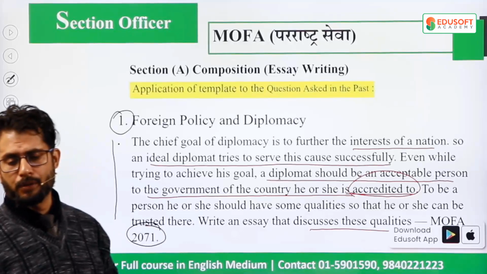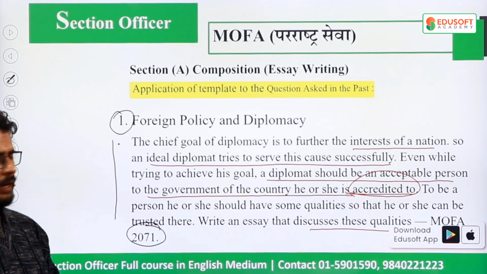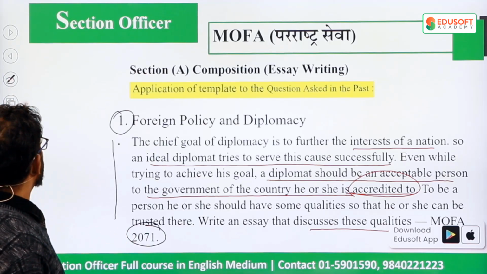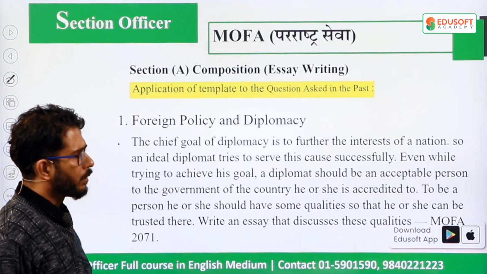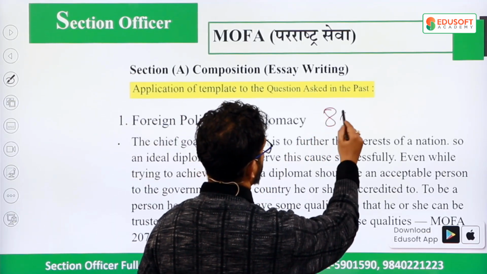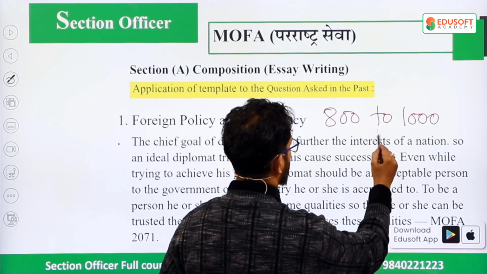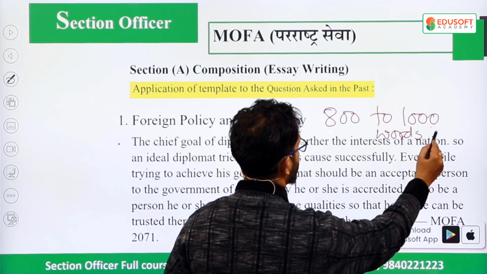Let me tell you, students, talking about the length of it. This essay is not going to be a small one. You are asked to compose your essay within an 800 to 1000 word limit.